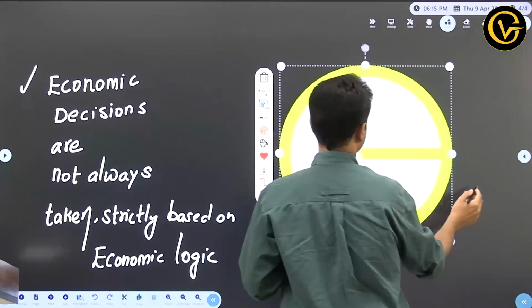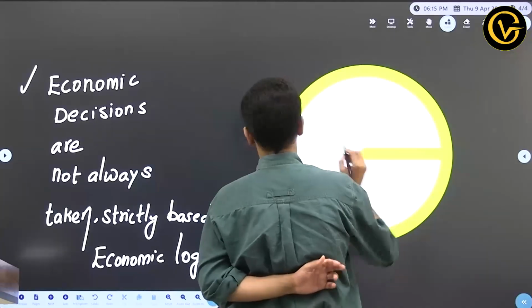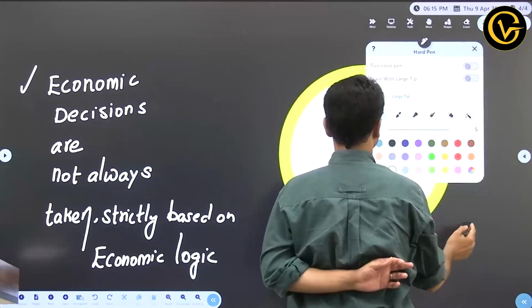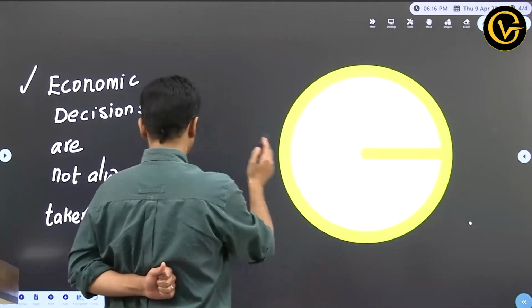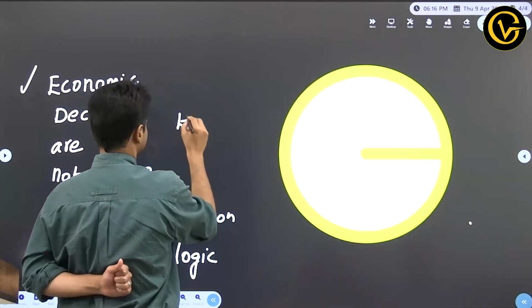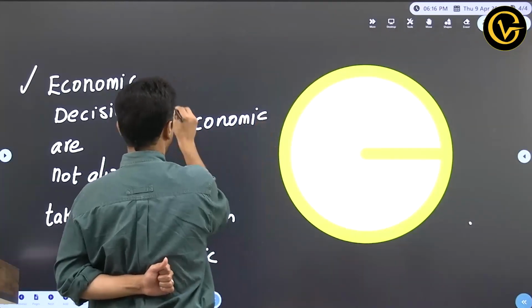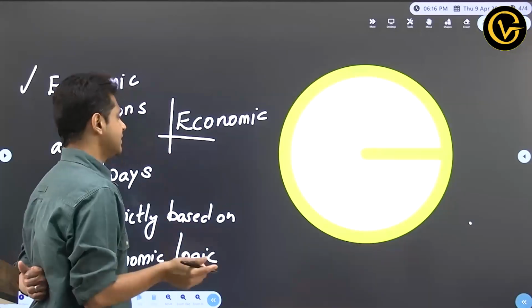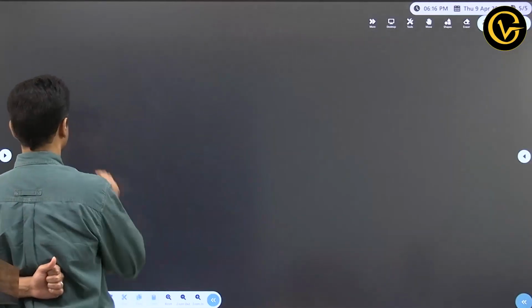And what is believed is, economic institutions or economic decisions are embedded within the broader socio-cultural context.